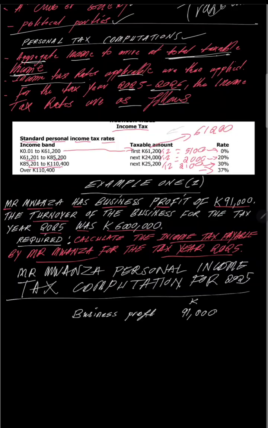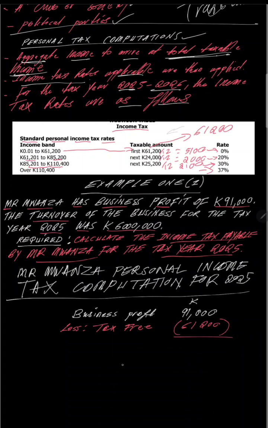So it is as good as removing the tax-free amount from the business profit, because the first 61,200 out of this 91,000 is tax-free. So we are going to less it from this. So we're going to say business profit less the tax-free amount. The tax-free amount is 61,200.